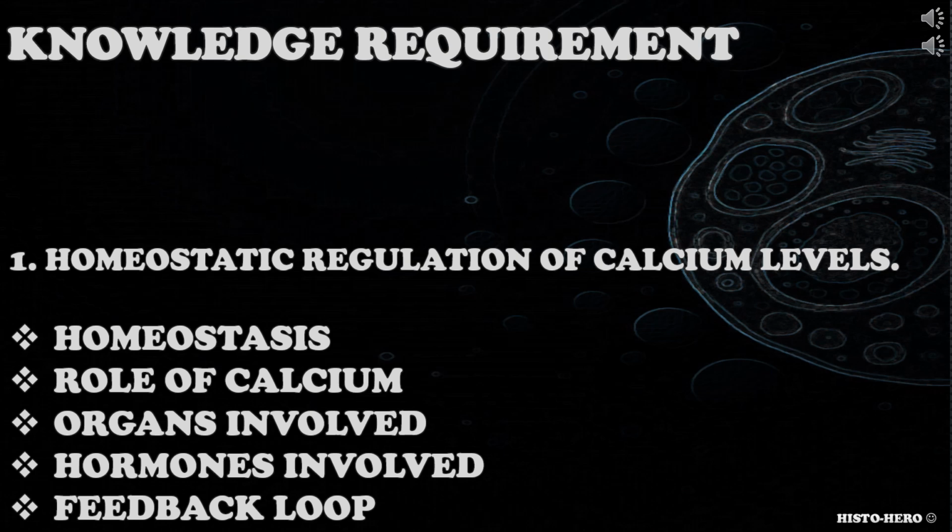When addressing this knowledge requirement, candidates should consider the role of calcium in nerve transmission, muscle contraction, blood clotting, bone health, how small fluctuations can disturb functions, hypocalcemia, hypercalcemia, role of parathyroid hormone, vitamin D, calcitonin, role of kidneys, bone, intestines, parathyroid and thyroid, and the feedback loop.